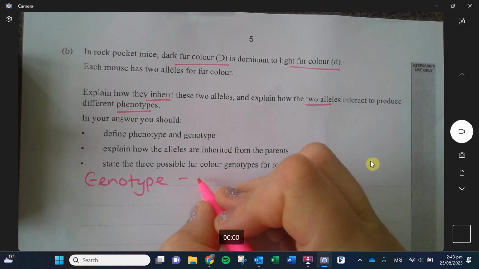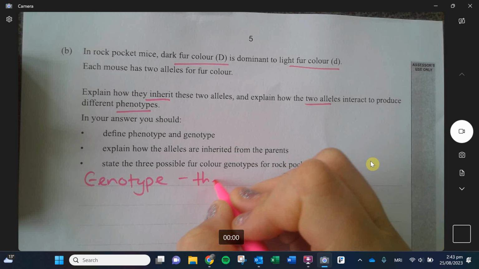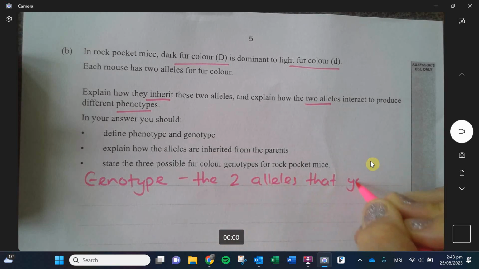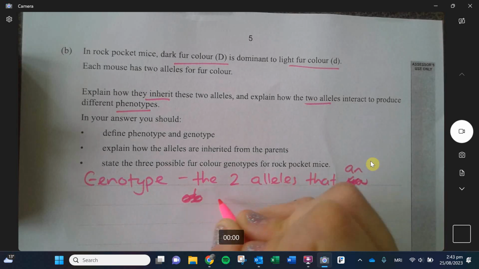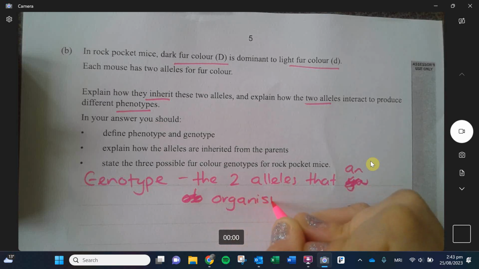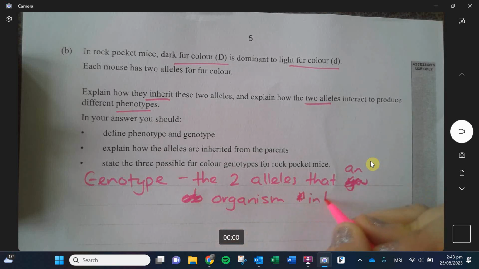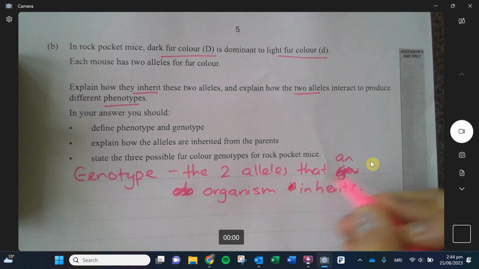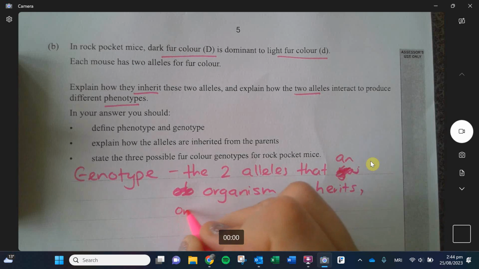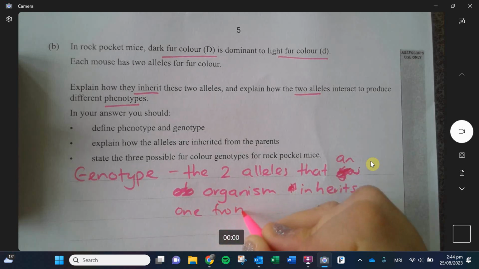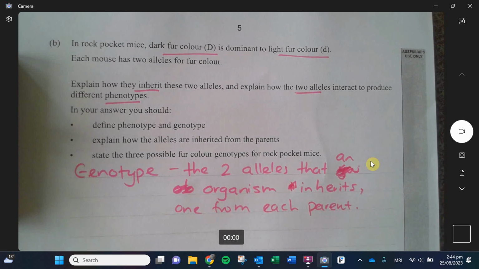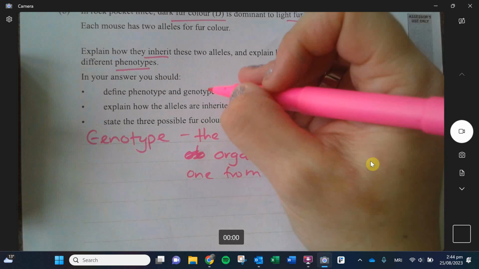So genotype are the 2 alleles that an organism inherits, 1 from each parent. So I've given my definition for genotype.